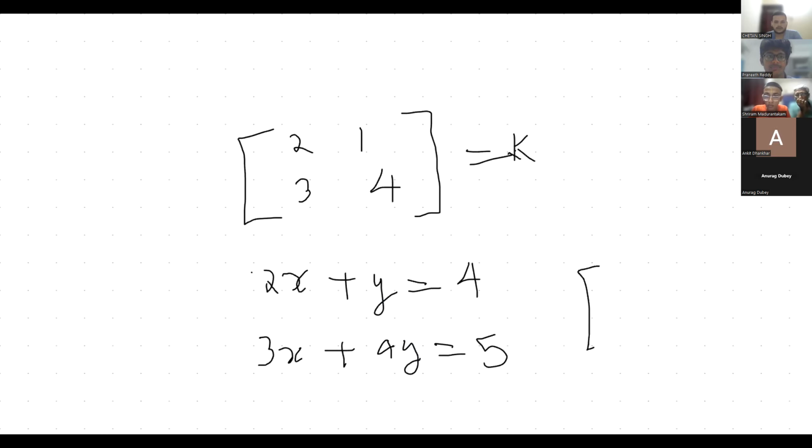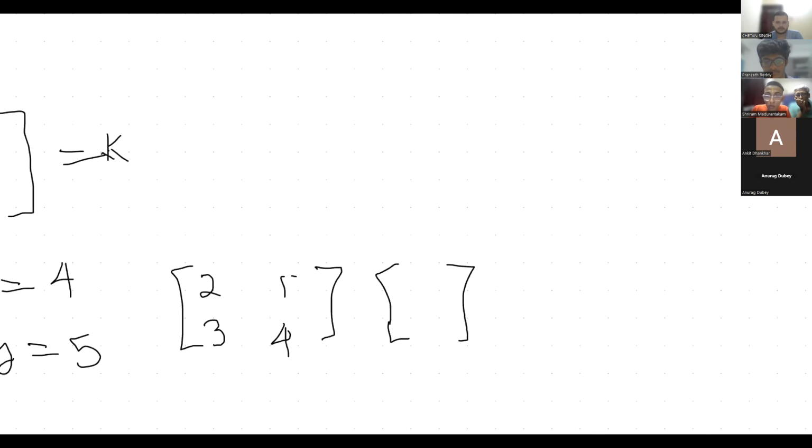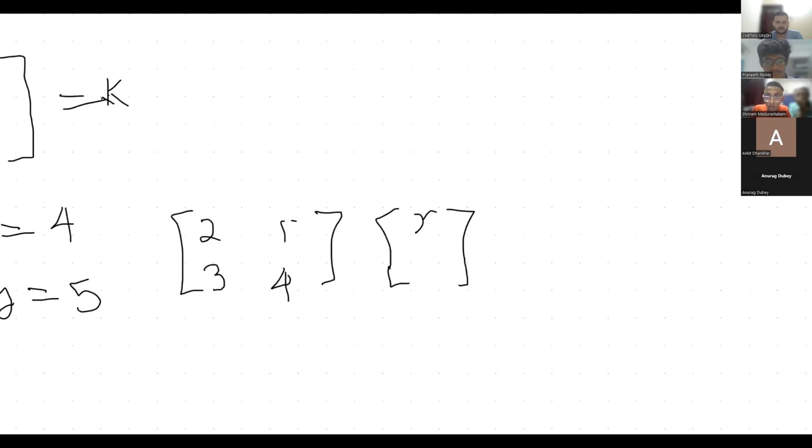So can you write that 2, 1, and 3, 4? Yeah, 2, 1, and 3, 4. And we can take the variables themselves in a column vector. So we can write the variables x and y.